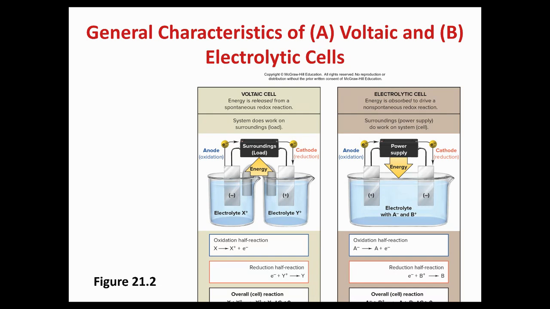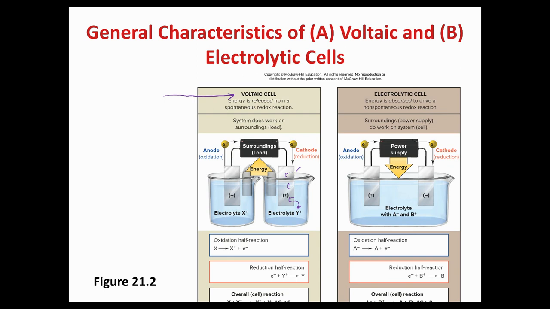Basically what a battery looks like, a voltaic cell, also known as galvanic, is that you would take a piece of metal, put it into an electrolytic solution, an ion solution, and then you would force the electrons that come off of that oxidation to go through a wire, and then you'd attach it to another metal on this side, and then the electrons would go through that metal, and then it would actually reduce what's in the solution.